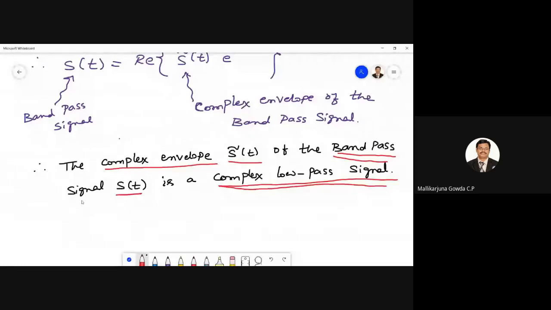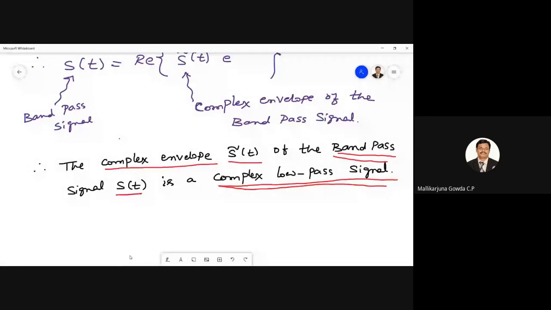Complex low pass signal, right? How I represented that as a complex low pass signal? By finding the complex envelope of the band pass signal, right? So what is the essence of this? Anybody? Looking at the diagram of that complex envelope, is it possible to say or interpret anything?